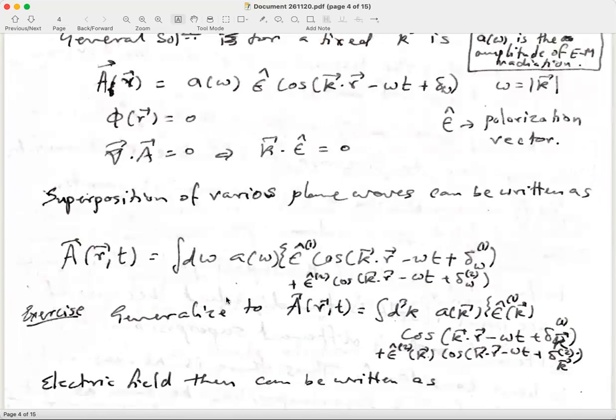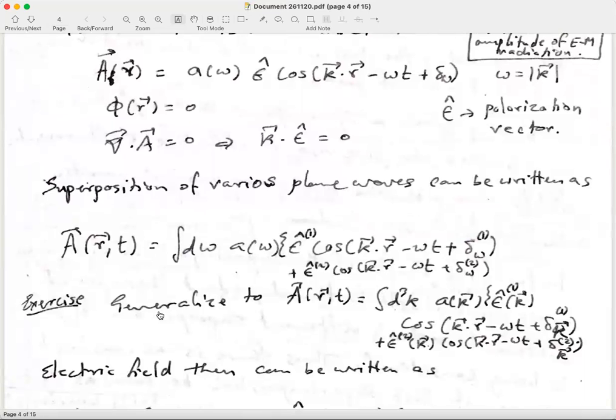Now what you could do is generalize this solution by integrating over all spatial momenta also, and you can write down A as integral d cube k a_k times epsilon 1 hat as a function of k and so on.